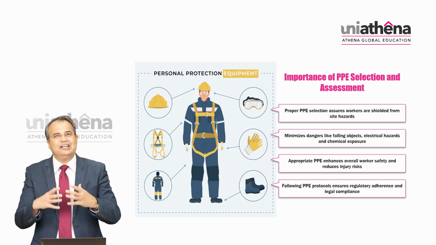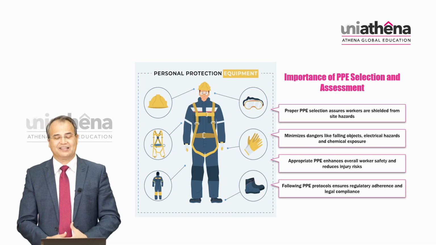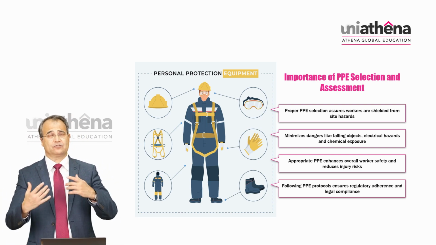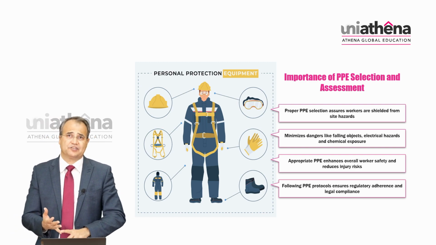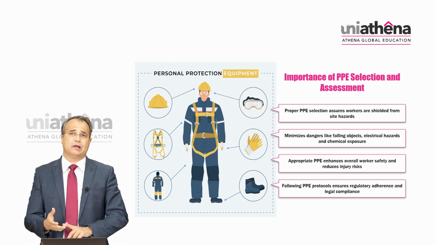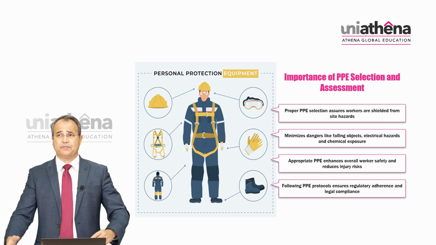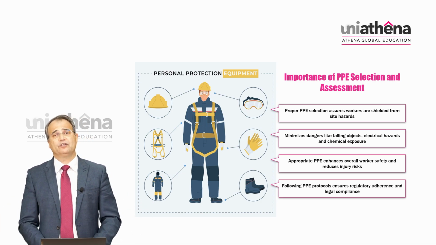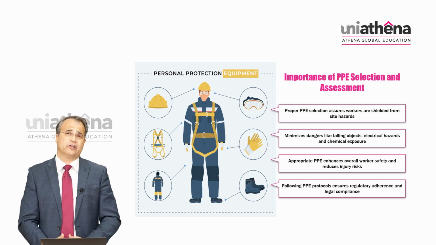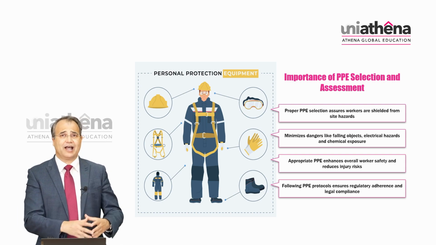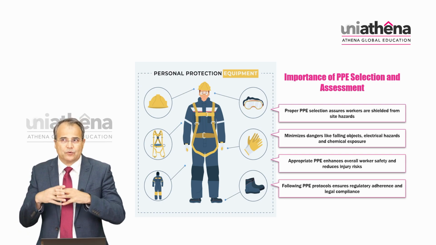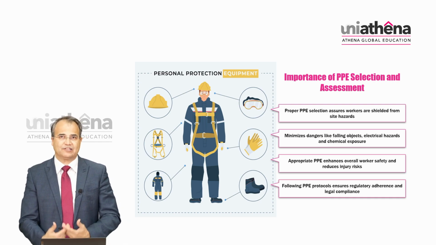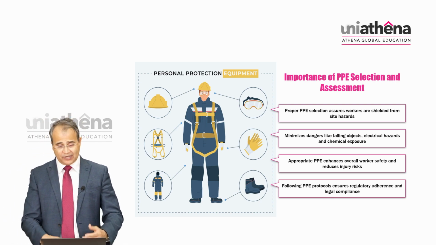You need to understand what exactly is required on the site you're going to be in, whether it's a construction site, a chemical plant, or a road building environment. You need to understand what kind of environment you're in. That's why, as I said earlier, a specific site is required to understand what kind of equipment is needed to protect oneself. That is one of the reasons for that.